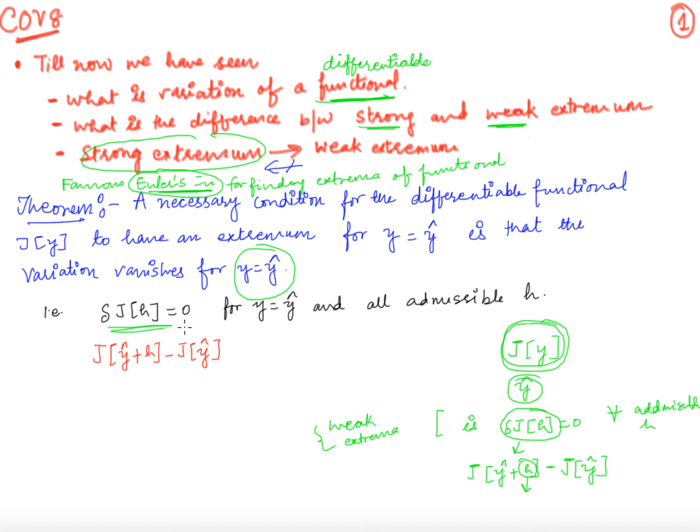That is, the variation of the functional should be equal to 0. Vanish means, we know that the variation of the functional is a function of functions, so it should be 0 for all the admissible inputs. You should also note that I did not write here any strong or weak extrema. I'll explain. What we will prove is for weak extrema, but we don't have to write it here. We'll see why. So this is the theorem we are going to prove.